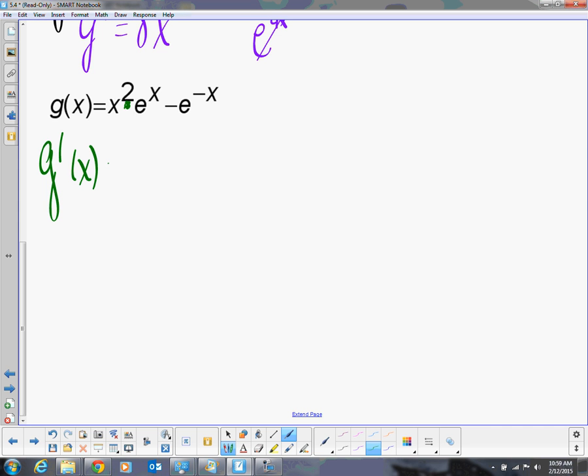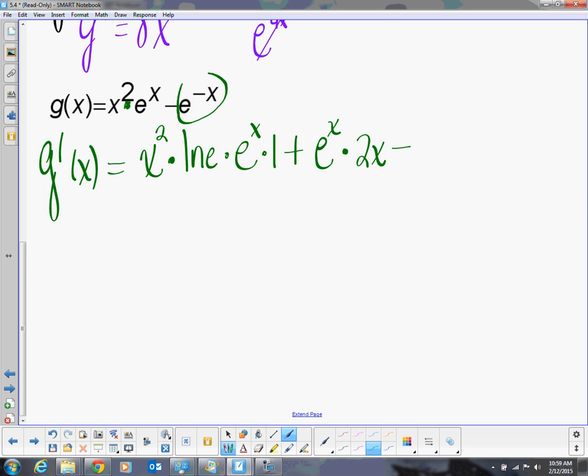So we say first, right, times the derivative of the second, which is ln e times e to the x times 1 plus the second. What's the derivative of the first? Okay, now minus this.